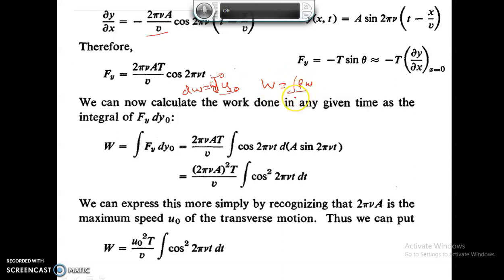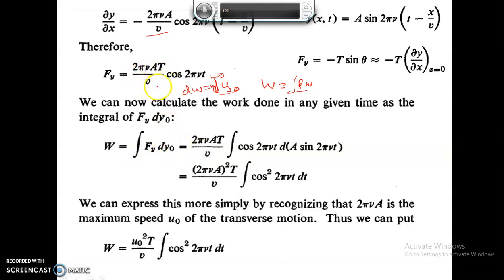We will evaluate this as an indefinite integral, as it has the provision of evaluating this work done over any desirable range of interval. So W is equal to integral Fy dy0.